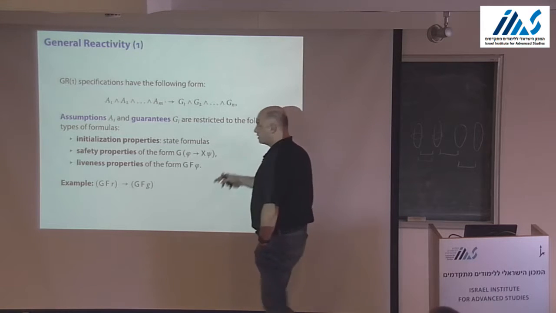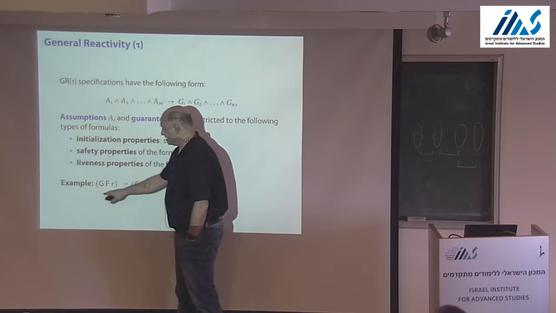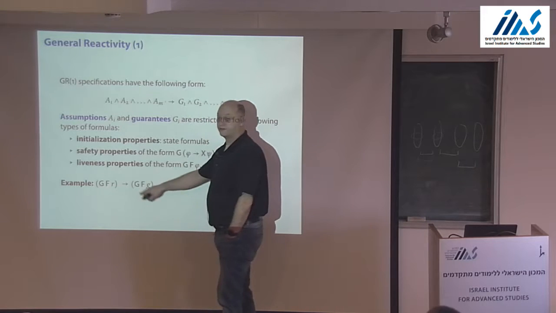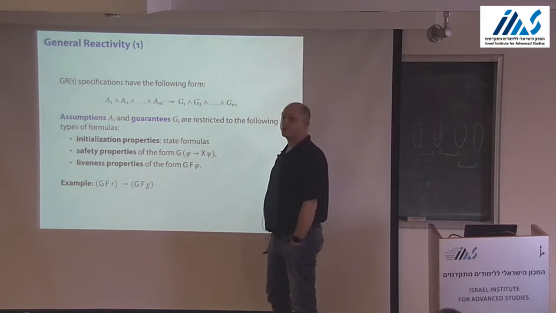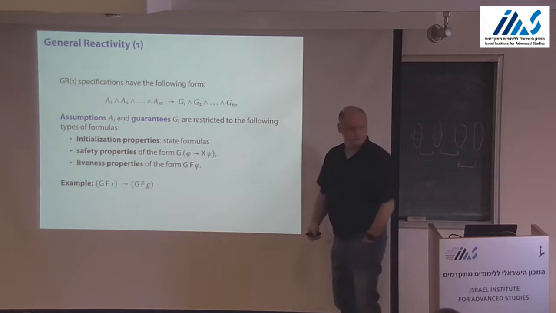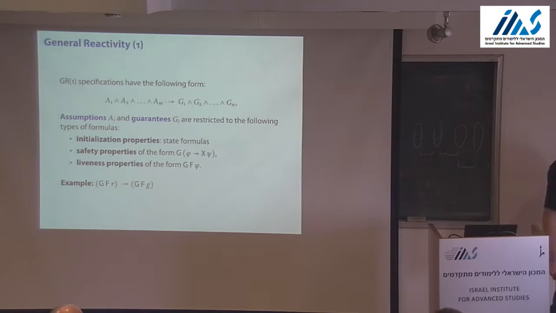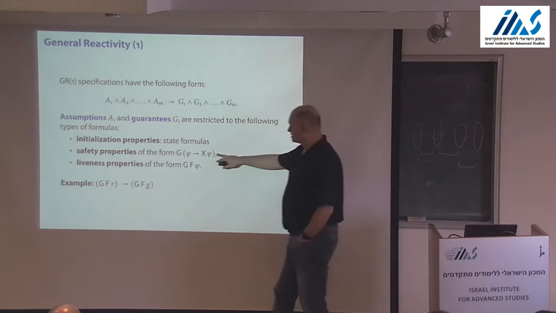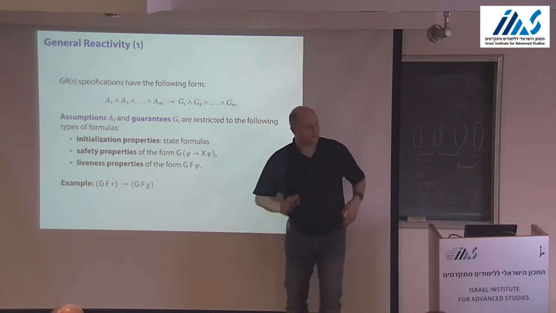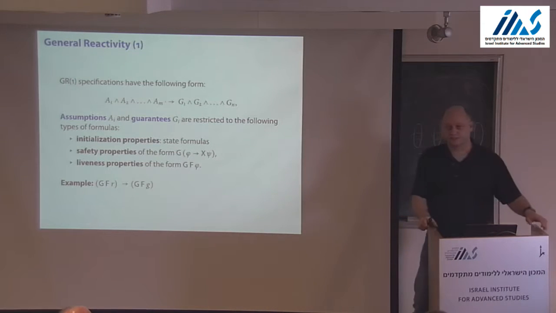So for example, if you want to say if there are infinitely many requests, then there are infinitely many grants, that you can do. Do you assume that in safety properties and in liveness properties, phi and psi are already state formulas? Yes, I assume that. For the purposes of the talk here, I'll assume these are state formulas.